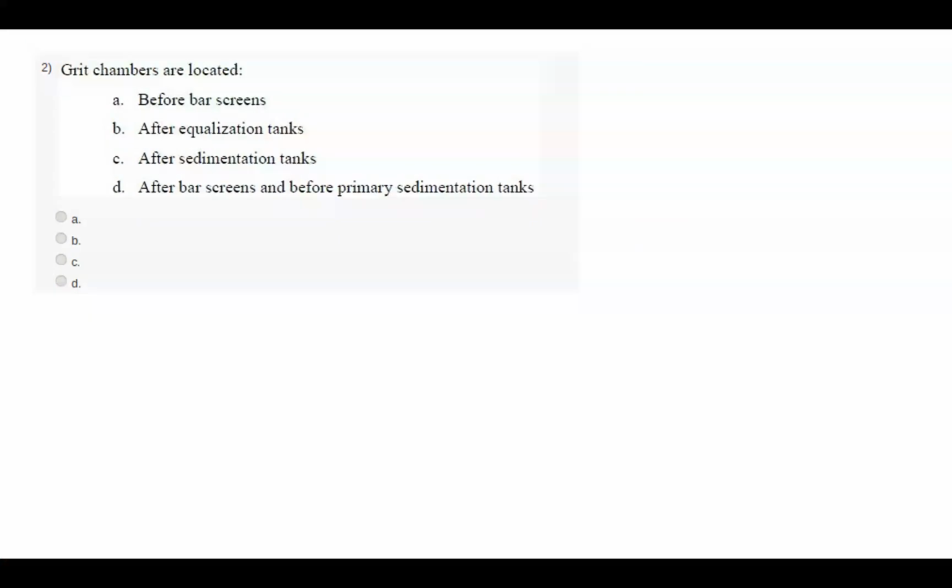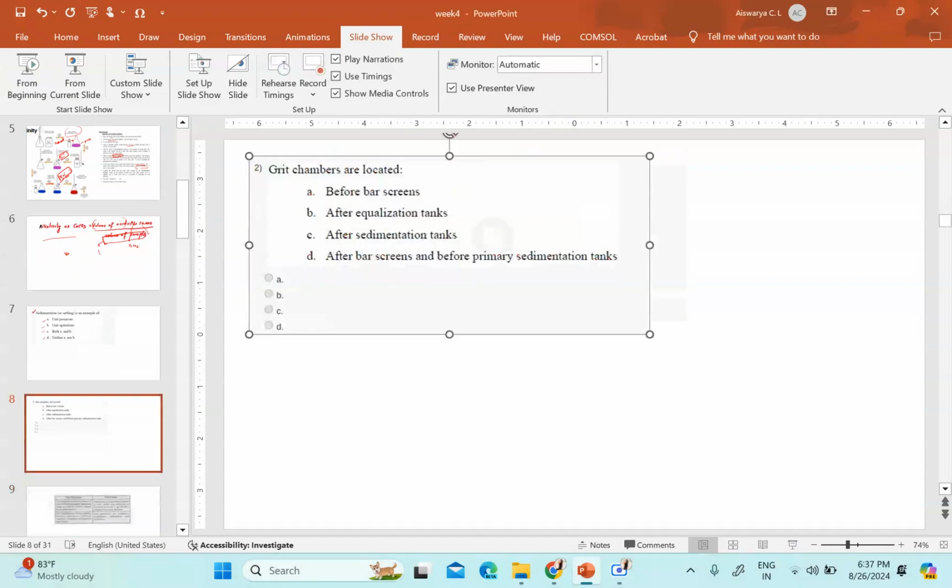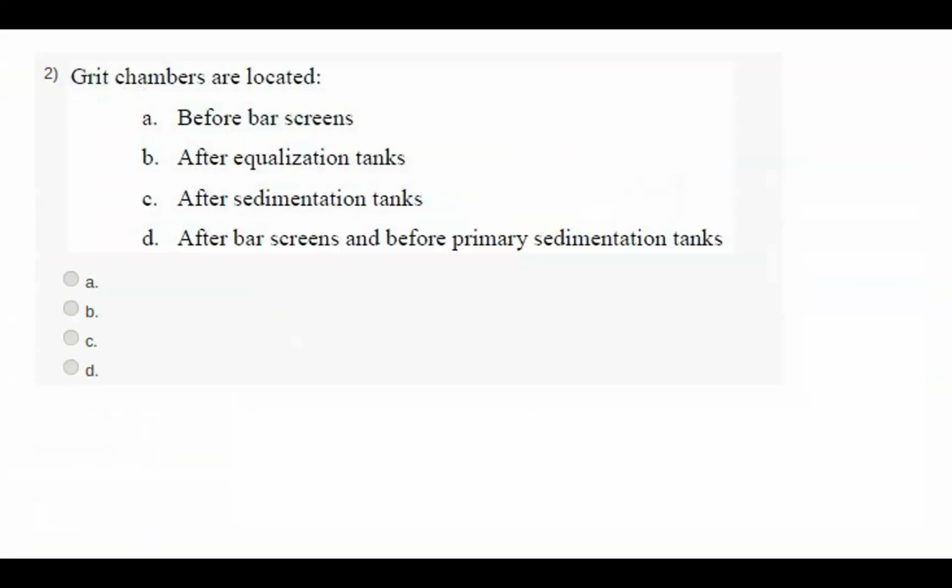Now we go for the next question. Grit chambers are located, four options are given: before bar screens, after equalization tanks, after sedimentation tanks, D after bar screens and before primary sedimentation tanks.